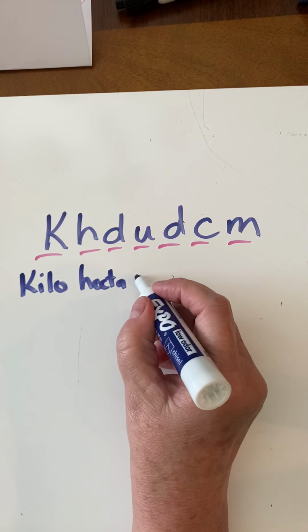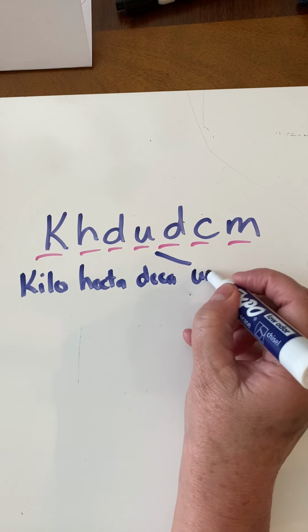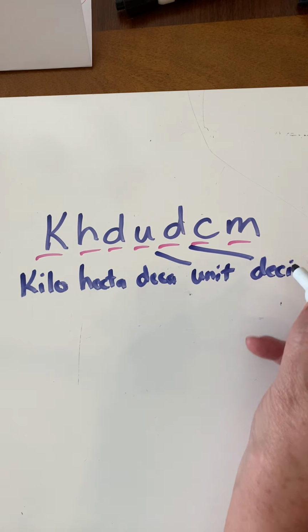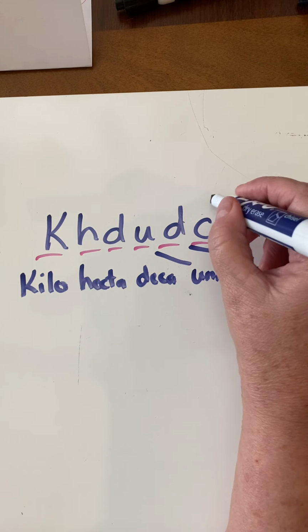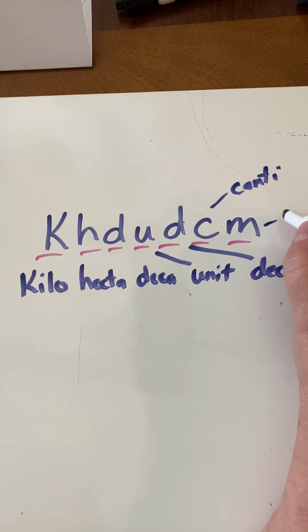The D is deca. U is unit, and we'll talk about what that means in a minute. D is deci. And then up here, C is centi. And the M is milli. And those are the prefixes that we're going to be using in the metric system.